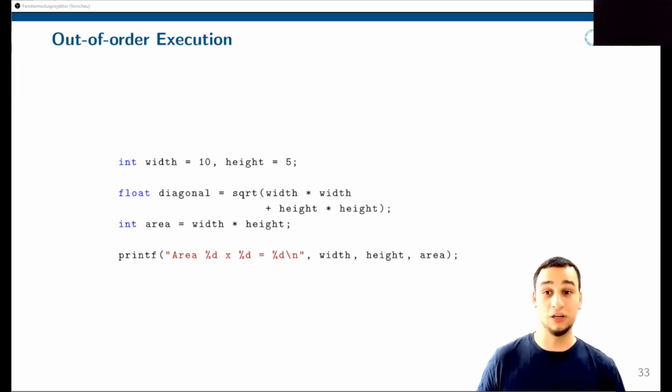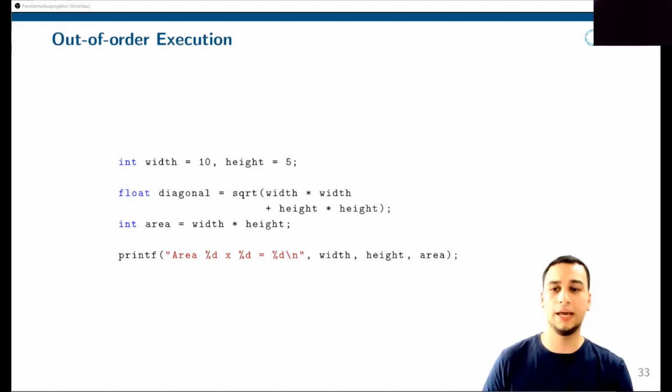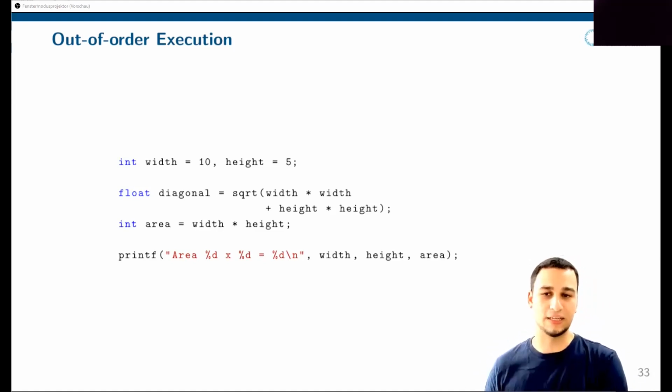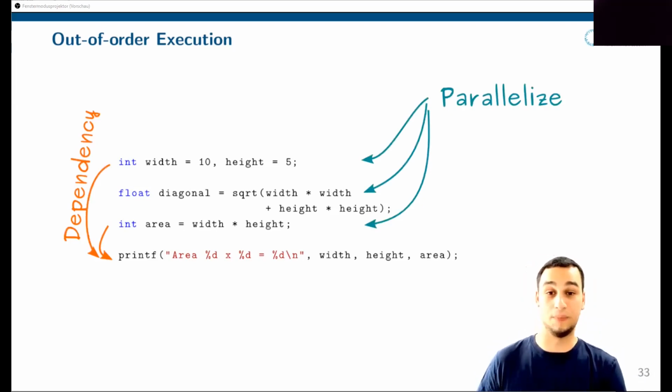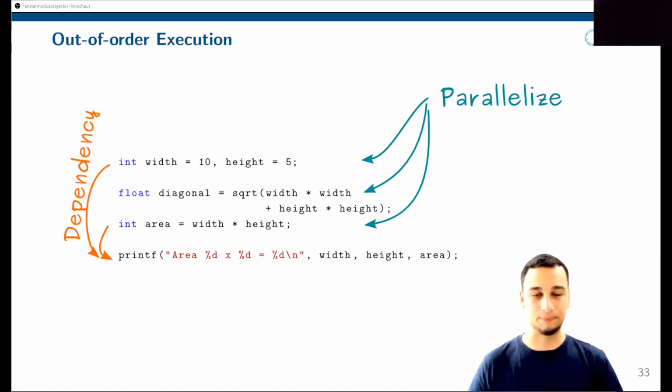If we look at that code, we are calculating the diagonal and the area of a rectangle. And we see some of the parts have dependencies and some have no dependencies. So we can calculate the diagonal and the area independently because they have no dependencies, but the printf has to wait for the diagonal and the area to actually output that.